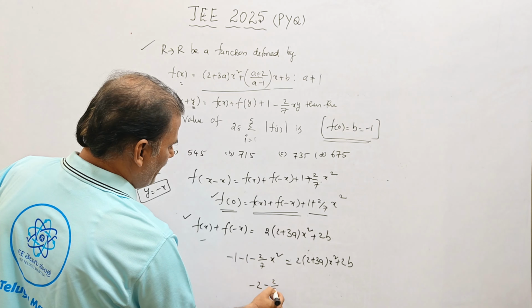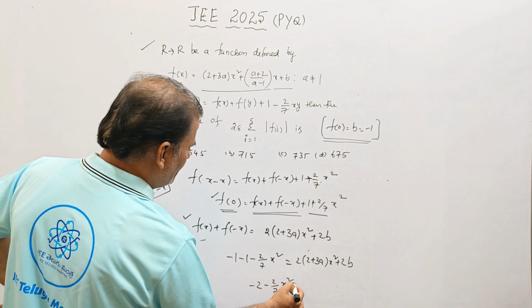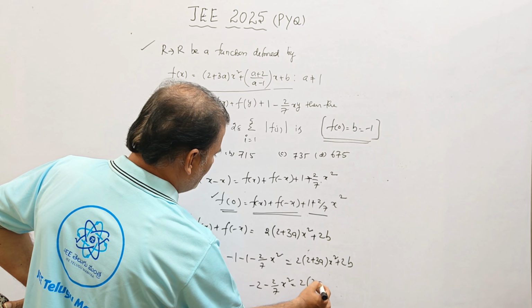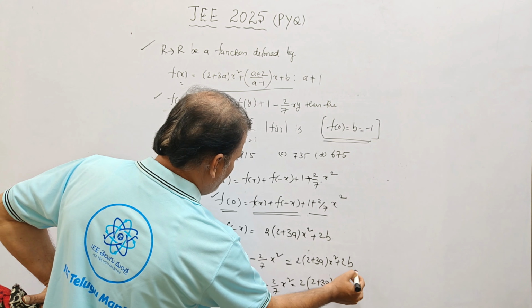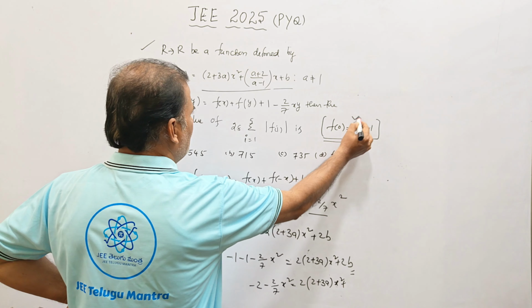Minus 2 minus 2 by 7 x square is equal to 2 into 2 plus 3a into x square plus the b value, also here minus 1.